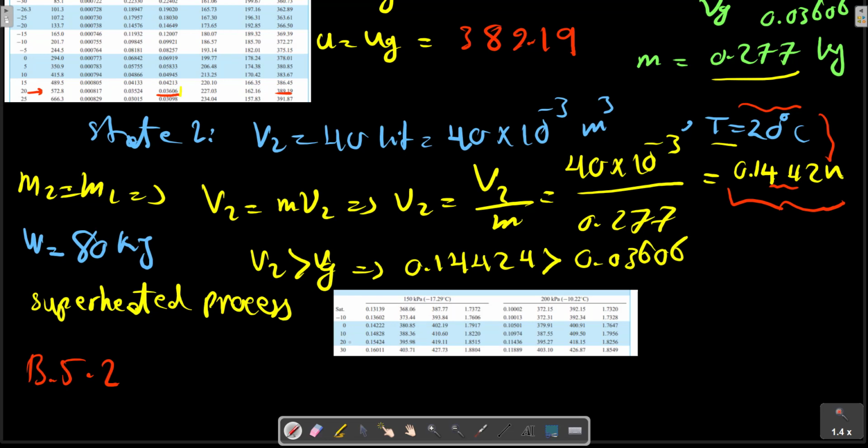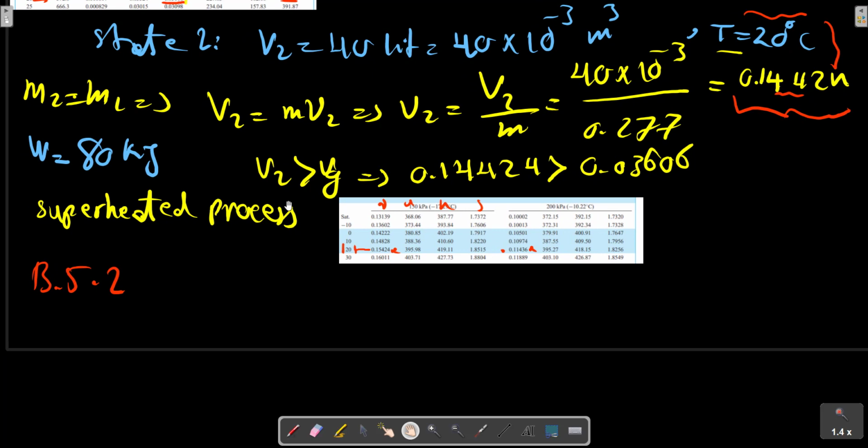We have to find a pressure in the superheated tables at temperature 20, where the volume is between these quantities.